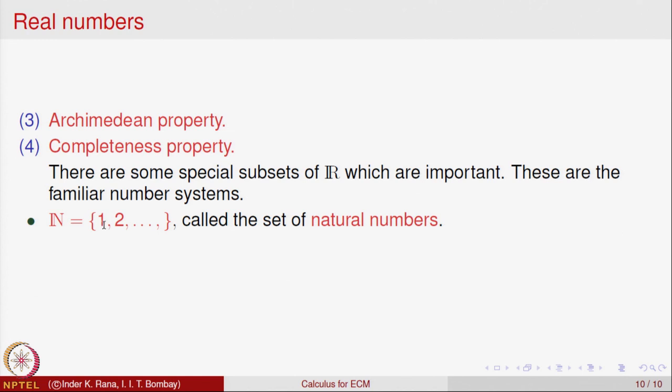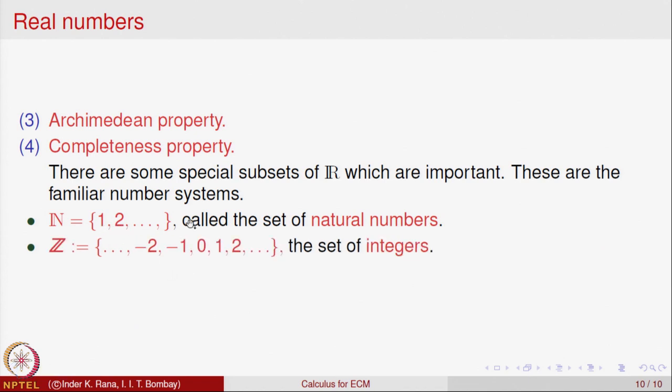If you add 1 to itself, you get a new number that we denote by 2, and if you add 1 to 2, you get a new number called 3. So, this is the set of natural numbers. Among this set of real numbers R, we are identifying our natural numbers: the numbers starting with the multiplicative identity and inductively adding 1 to the result. So, 1, 2, 3 are the notations for the natural numbers.